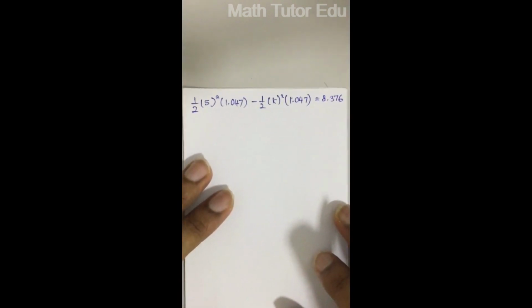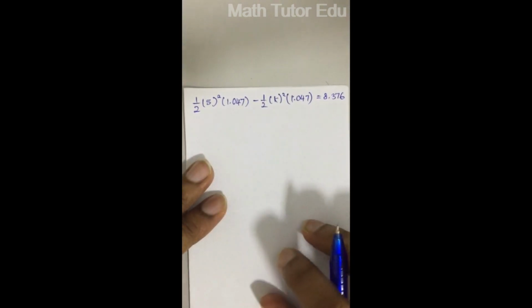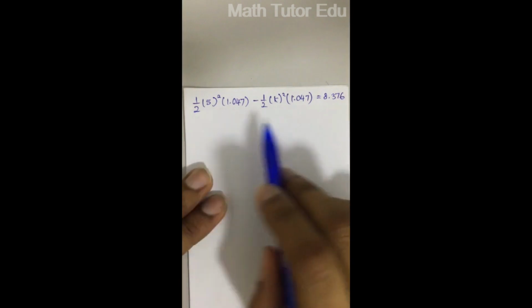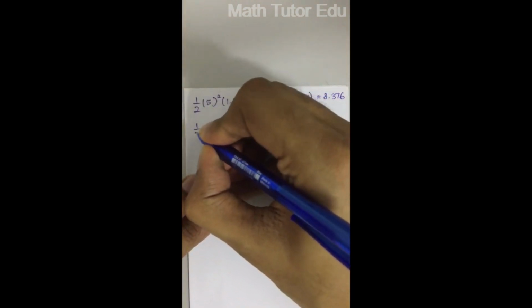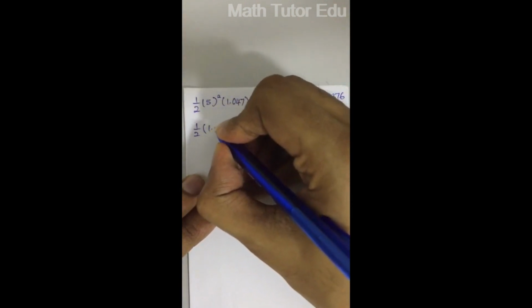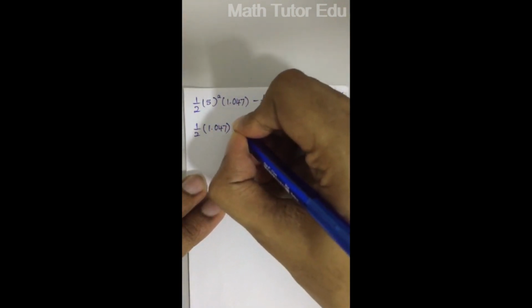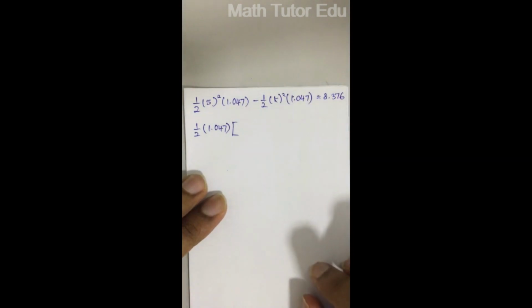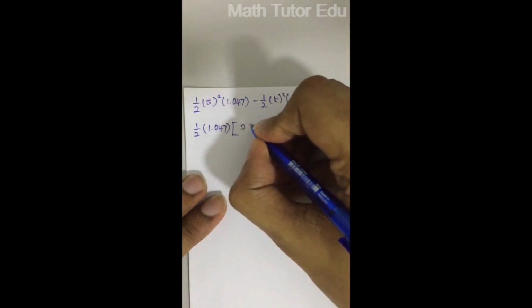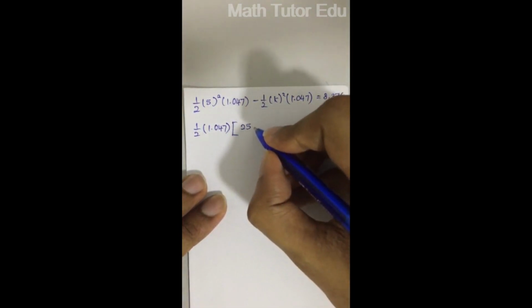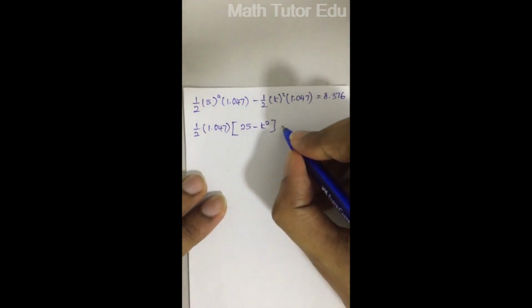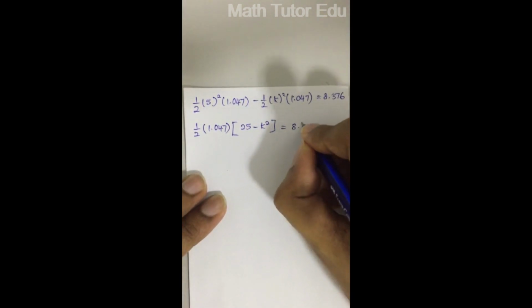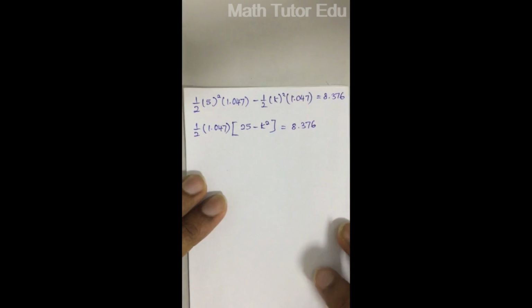Okay, so to ease the calculation, what we're going to do is factor out 1/2 and 1.047. So we factor out 1/2 and 1.047. And then the 5 square we just expand it, so from here we get 25. And then you minus with k square, close square bracket, you should get equals to 8.376.